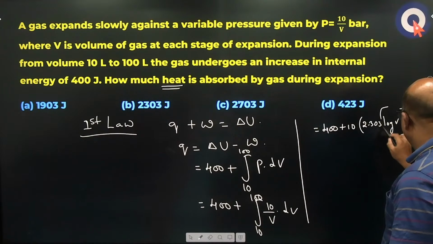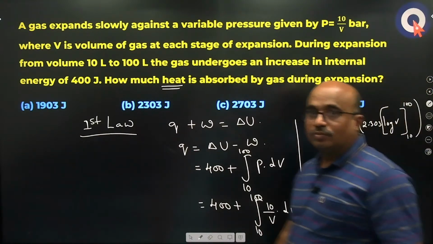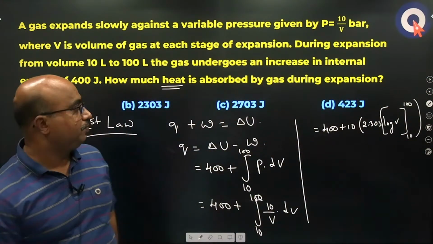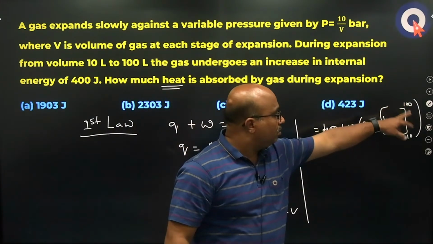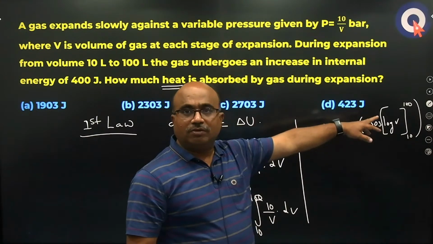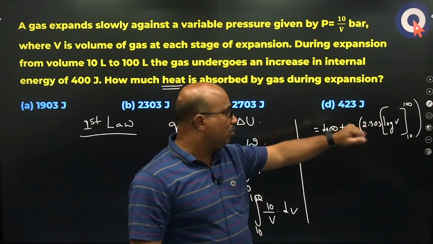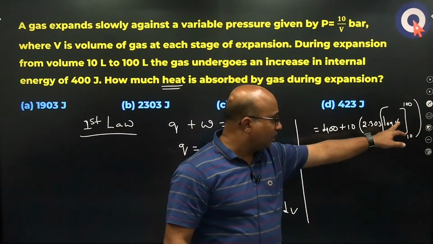So the limits are applied only at this stage, that is 10 and 100. So what are log 10 and log 100? We know all this. Log 10 will be 1, log 100 is nothing but 2. So this is 2 minus 1, so that it is 1.